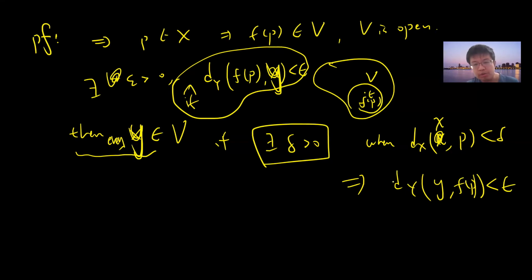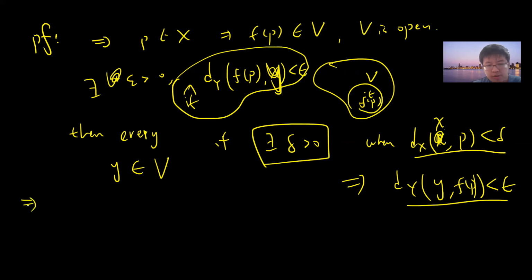So in words, you just say that when somebody chooses epsilon, you can choose a small enough delta such that when this condition holds, then you satisfy this condition. What you're saying is that for epsilon greater than 0, you can find delta such that when d_X(x, p) is less than delta, d_Y(f(x), f(p)) is less than epsilon.